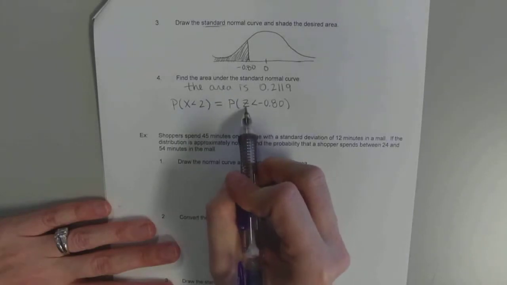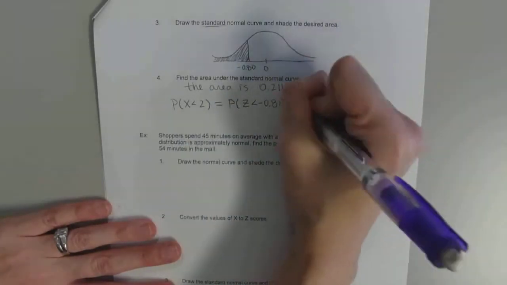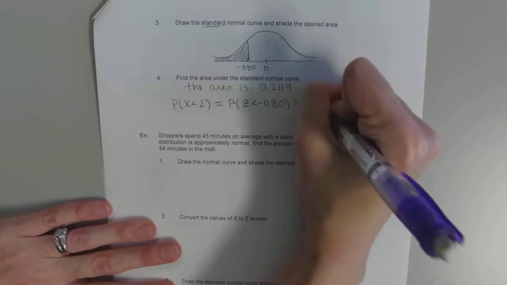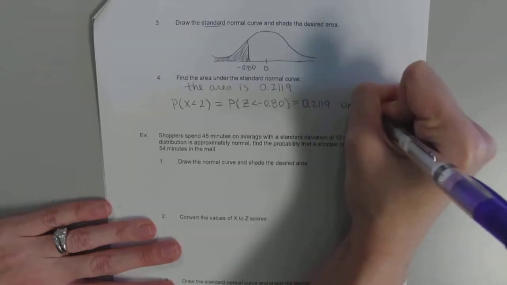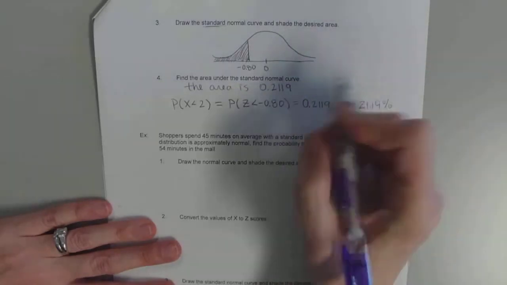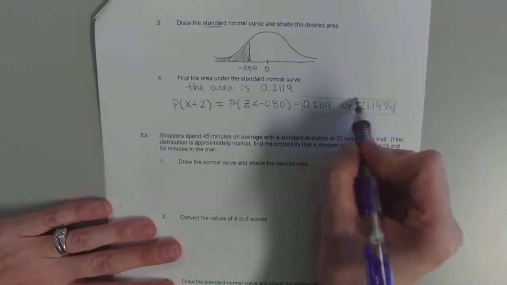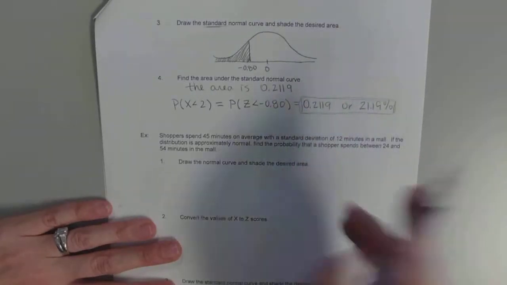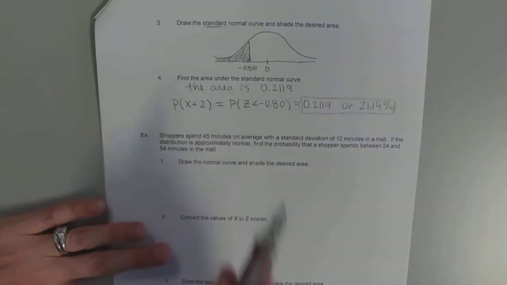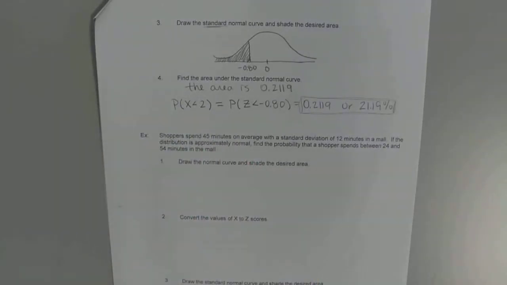Once we changed it to a z-score, we could find that probability. It was 0.2119 or 21.19%. This is all I'm looking for on the test. I'm just looking for the answer right here. The reason why I want to point this stuff out is for 2 things. One, to understand what the heck are we doing, okay? Your z-score is your middleman.